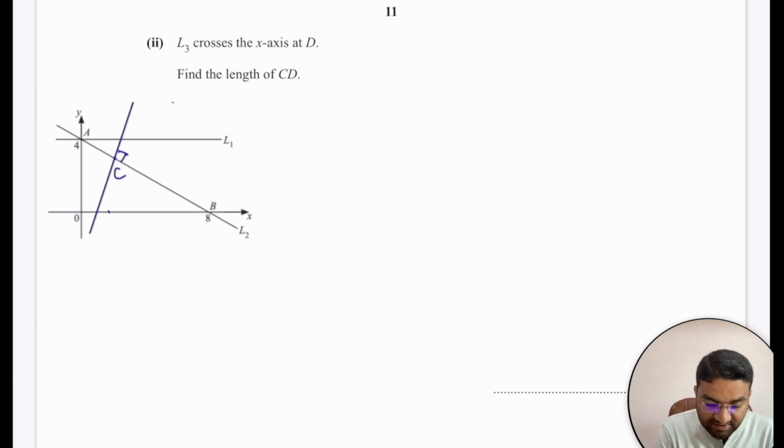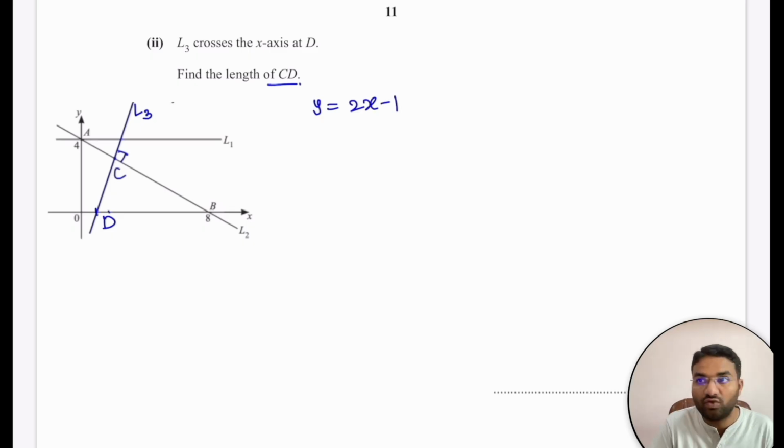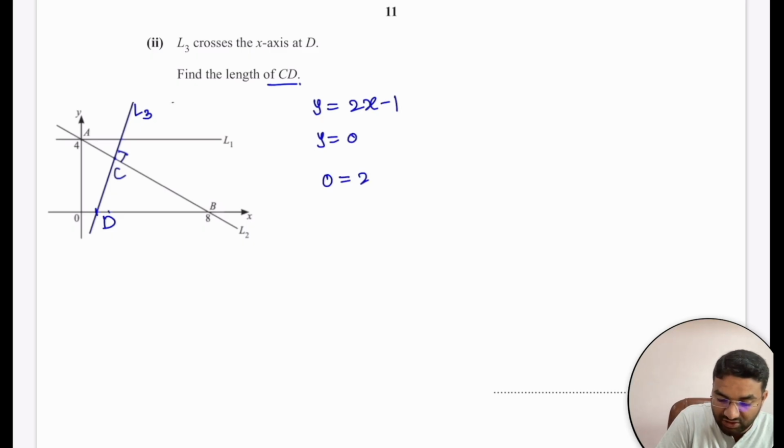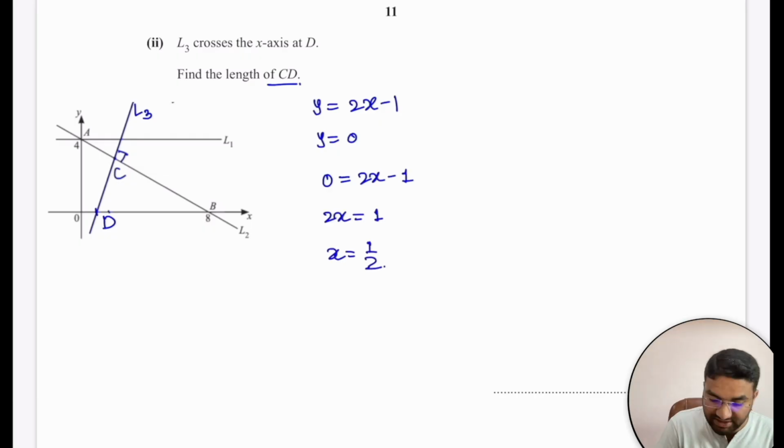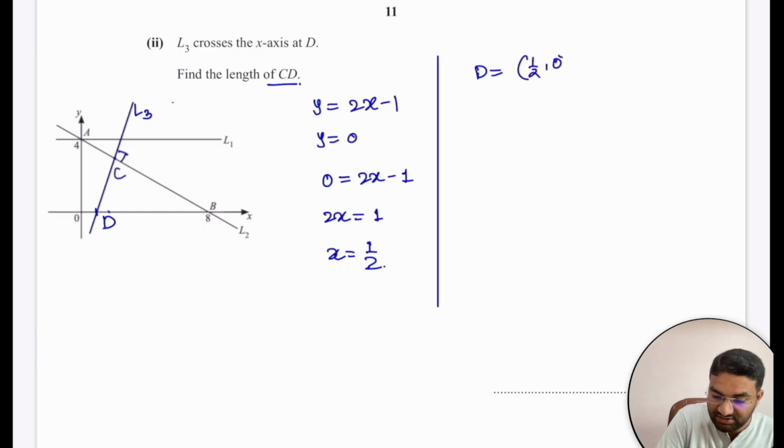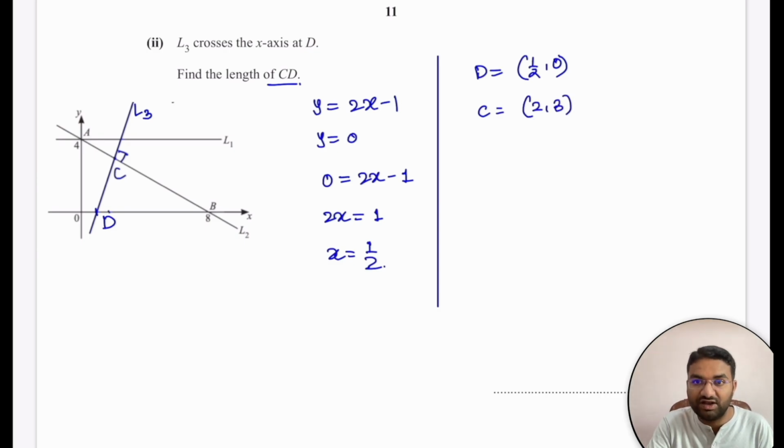So L3 crosses the x-axis at point D. This point is basically D, and find the length of CD. We got the equation of L3 as y is equal to 2x minus 1, right? So at point D, y is equal to 0, so 0 is equal to 2x minus 1, x is equal to 1 by 2. So you got D as (1/2, 0), and C you already know is (2,3). You can use the length of line formula.